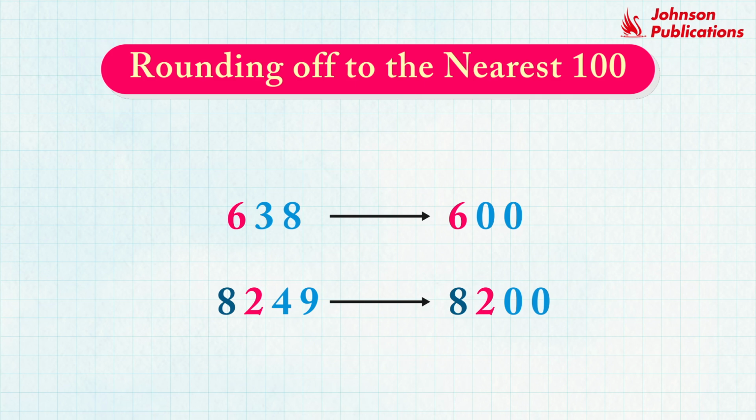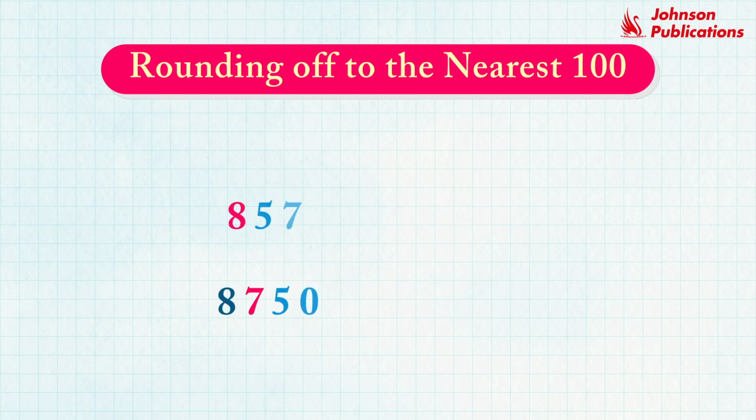We observe the tens place digit of the given number to round it off to the nearest 100. If the digit at tens place is less than 5, then we replace the tens and ones place digits by 0 and the other digits remain the same. Let us round off these numbers to the nearest 100.